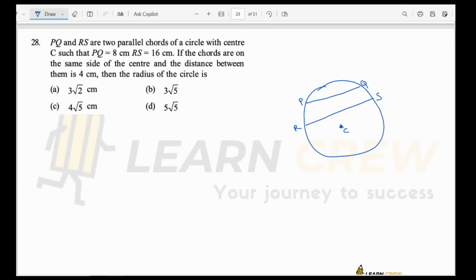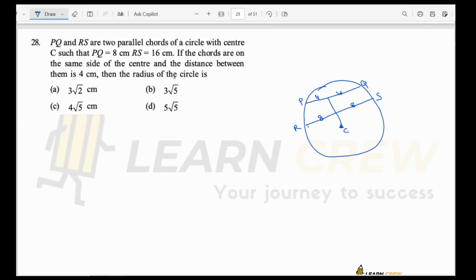Now, from center, if I draw a line here like this, it will bisect these two chords. So if this total is 8, this is 4, this is 4. If this total is 16, it is 8, it is 8. Yes or no?